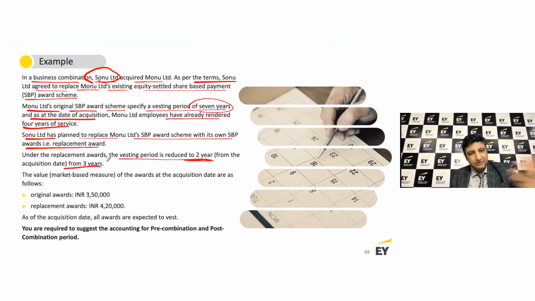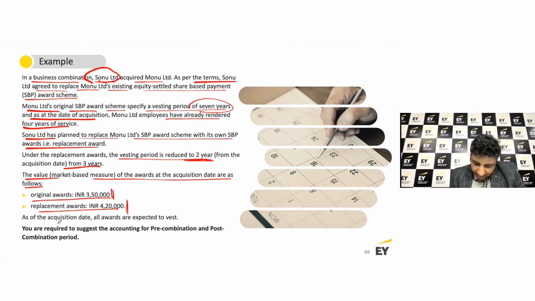So that is a change in the vesting period as well. Okay, it's a modification, of course. The values of the awards on the acquisition date were: the original award is worth 3,50,000 rupees, but the replacement award is valued at 4,20,000 rupees.